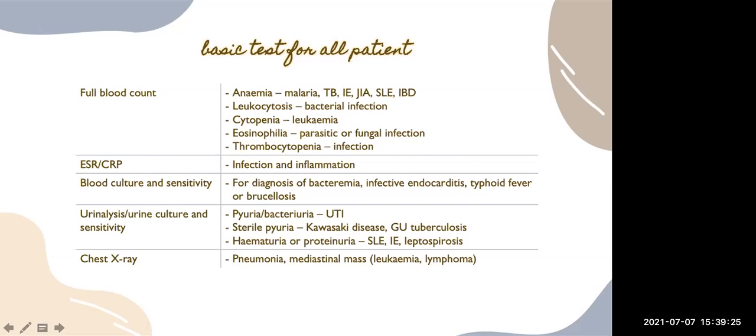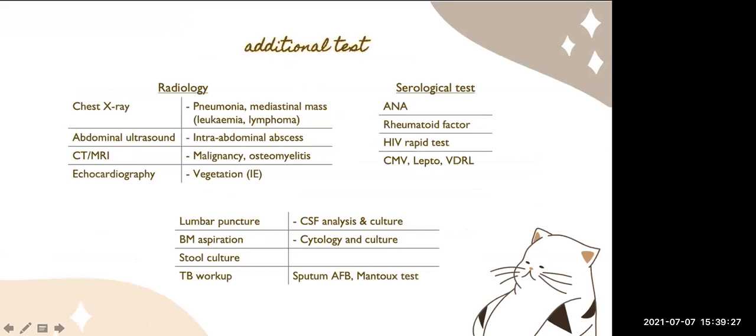Okay, next, the investigation must tally with our history and physical examination. So if we suspect infection, we can do a chest X-ray, which may indicate pneumonia. If we suspect malignancy, you can do a CT or MRI scan.